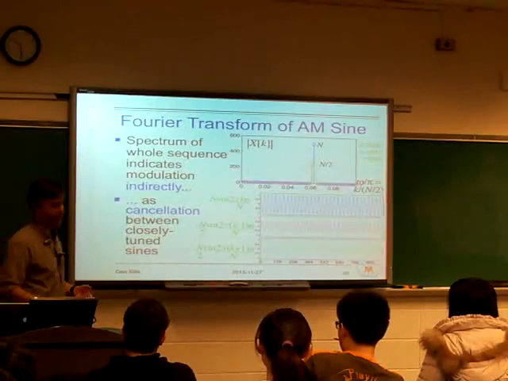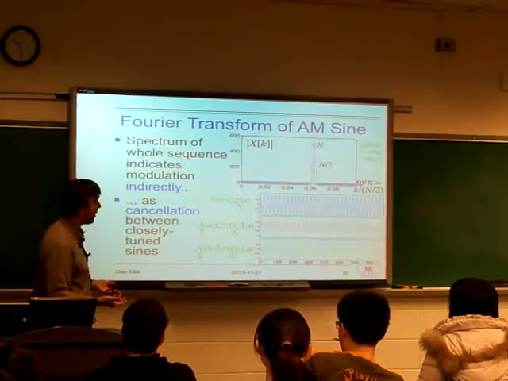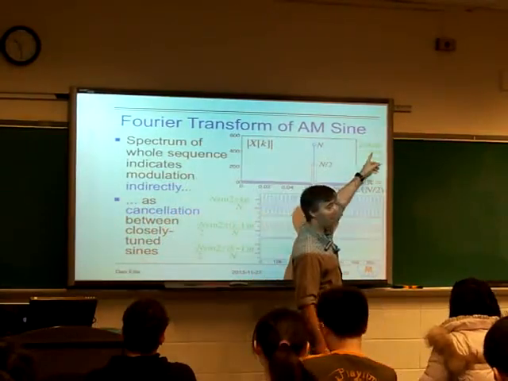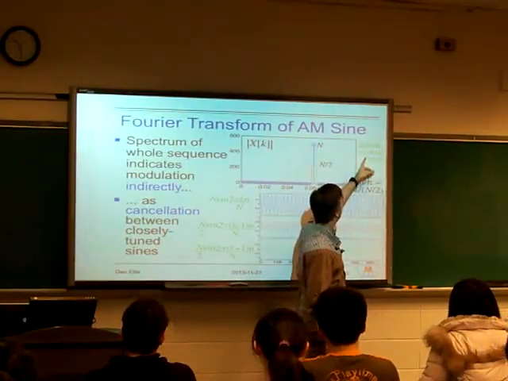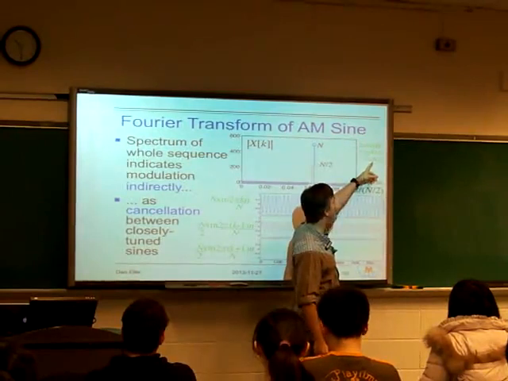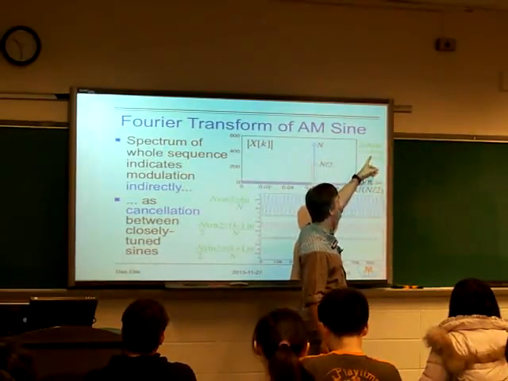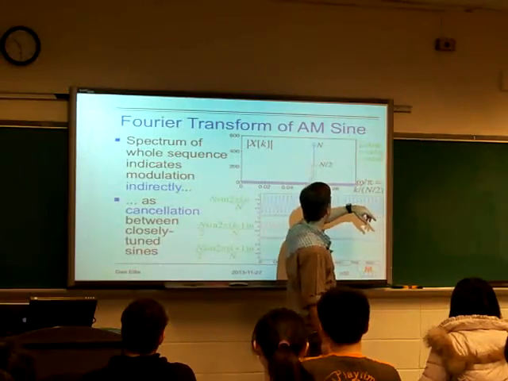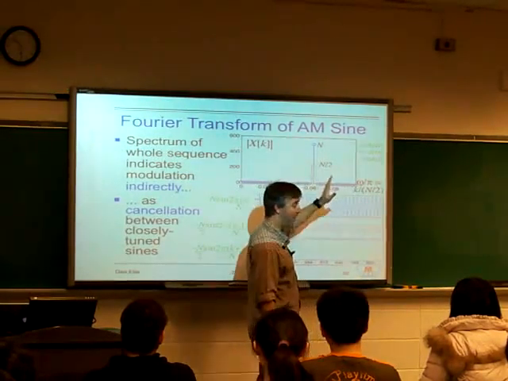If we take the Fourier transform of that, basically what we've got is the product of two cosines, which our trig identity says is just the cosine of the sum and the cosine of the difference. And then there's the offset term.